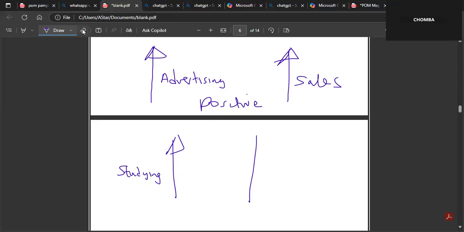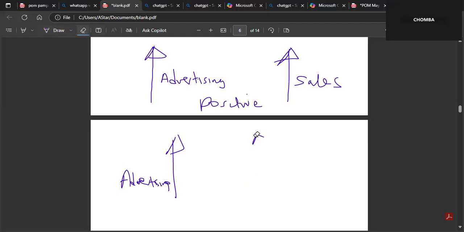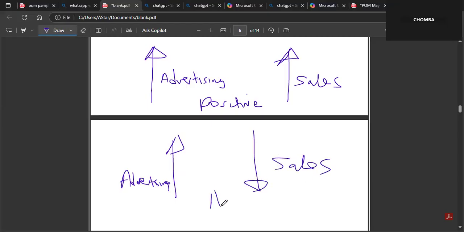But if you're advertising more and then you discover that the sales are reducing, this is negative. Are we together? Mm-hmm. Okay, so that's what goes on.